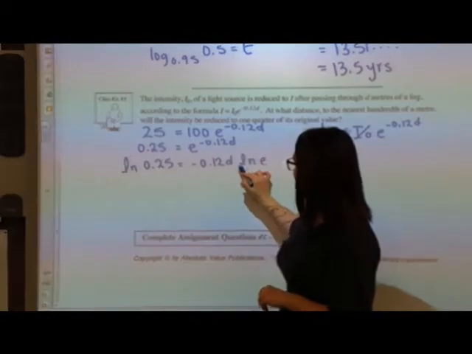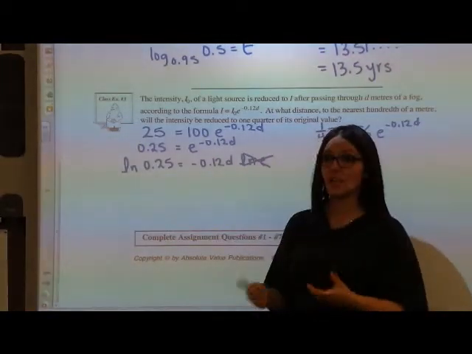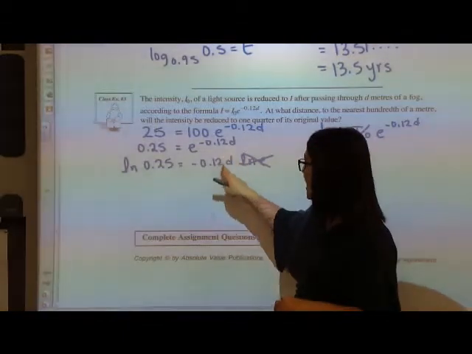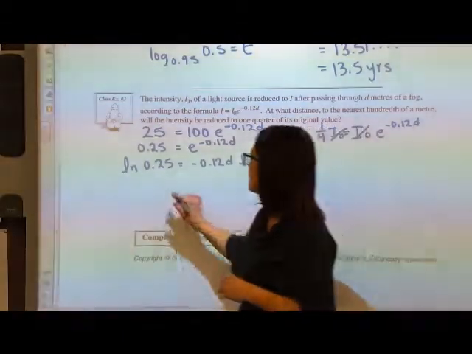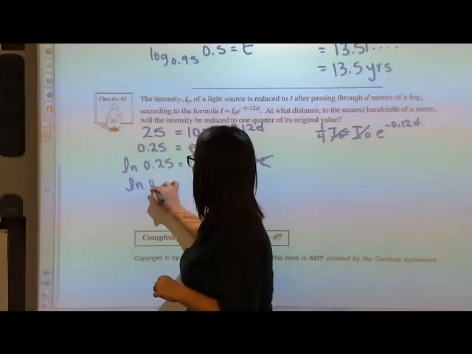So then if this cancels out because it equals 1, how do I get d by itself? Divide by negative 0.12. Okay.